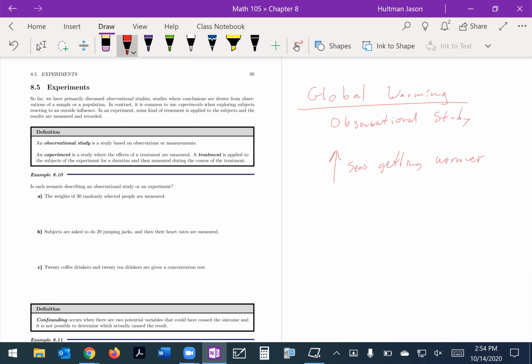They've also observed that the climate is getting more extreme. I don't want to say random. It's just getting more extreme, right? And this is an observation made.